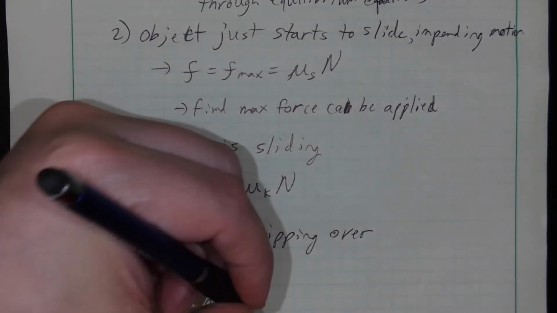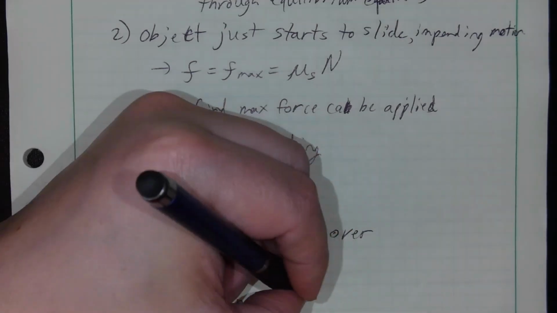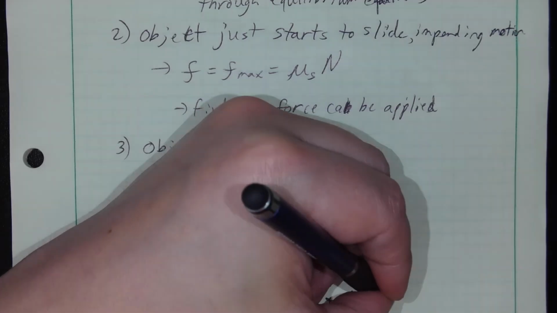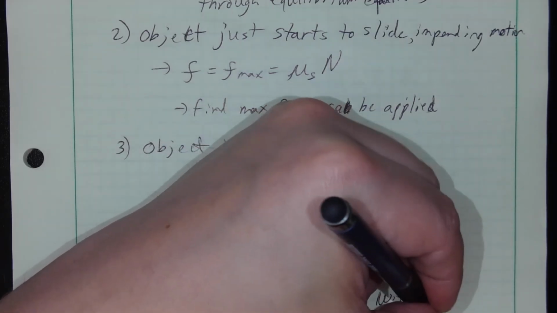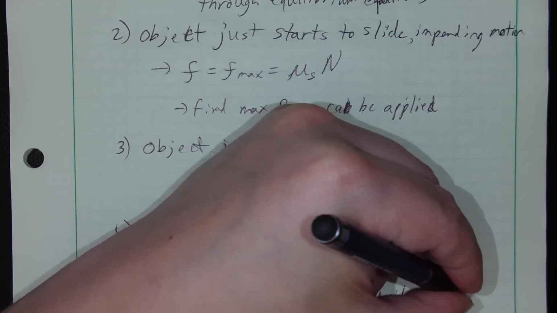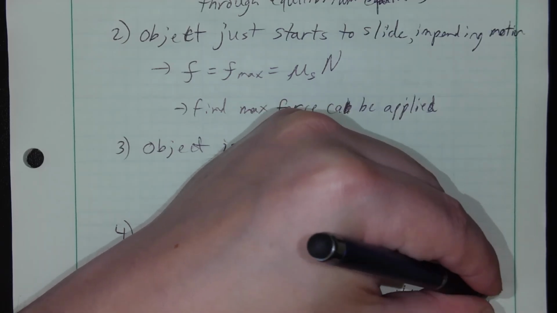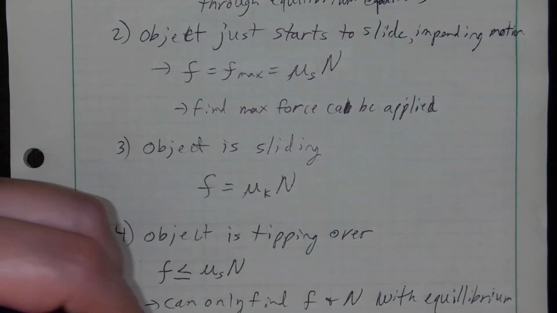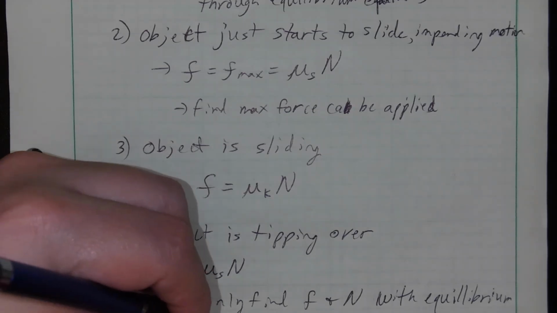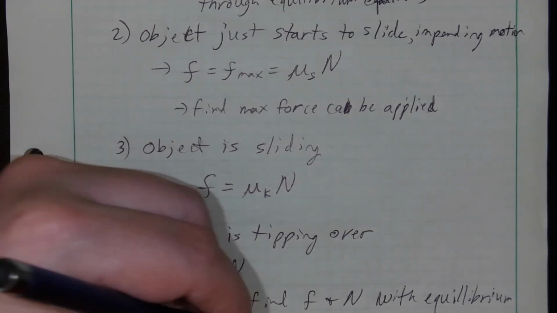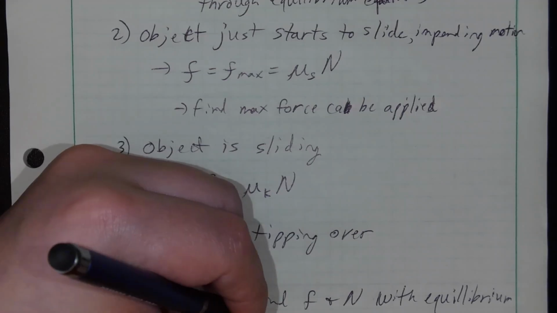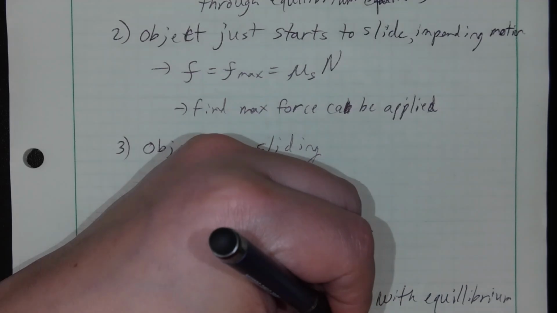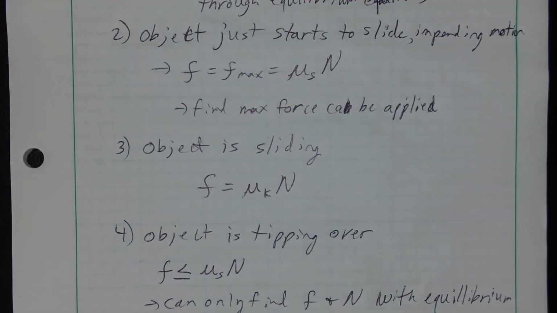We can only find F and N with equilibrium. Use sum of moments equals 0 to find the x, basically. Right?